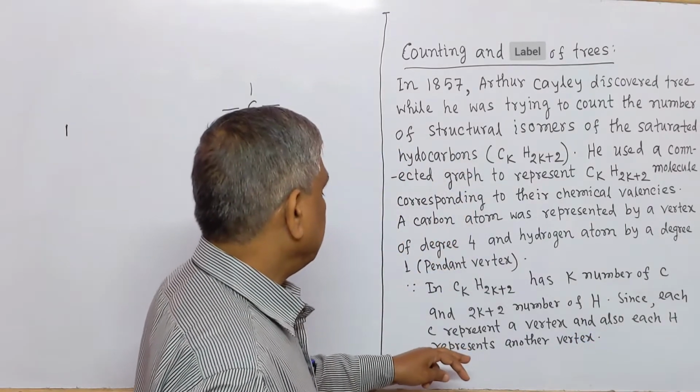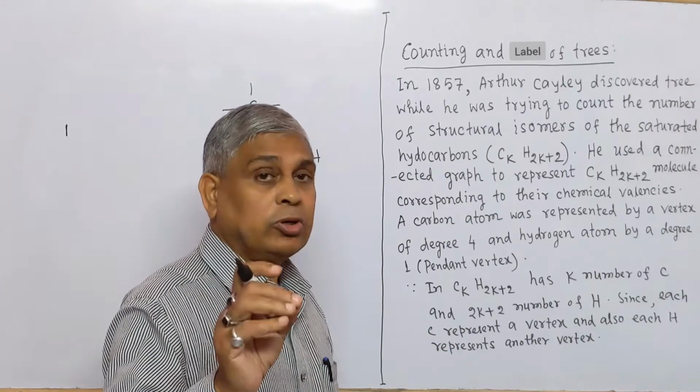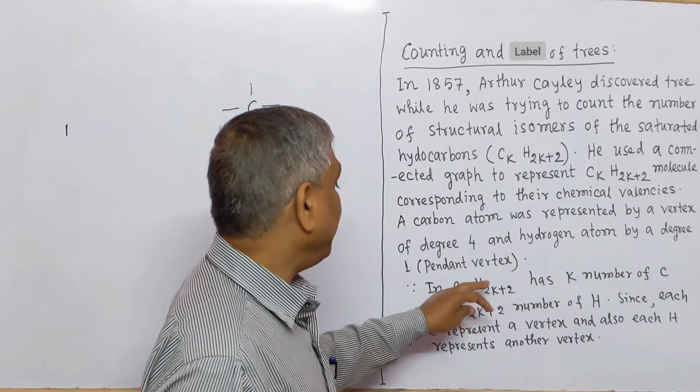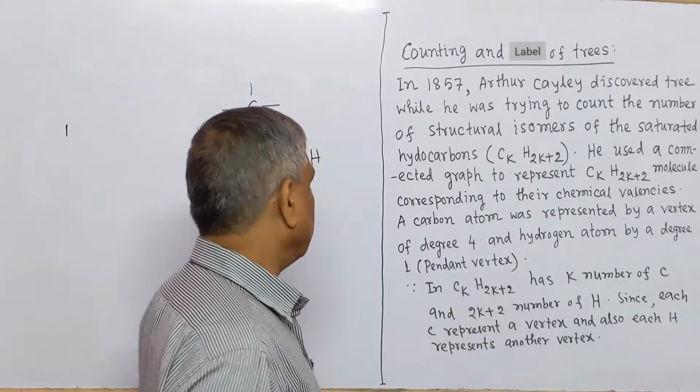Therefore, number of vertices due to C be k and number of vertices due to H is 2k plus 2.